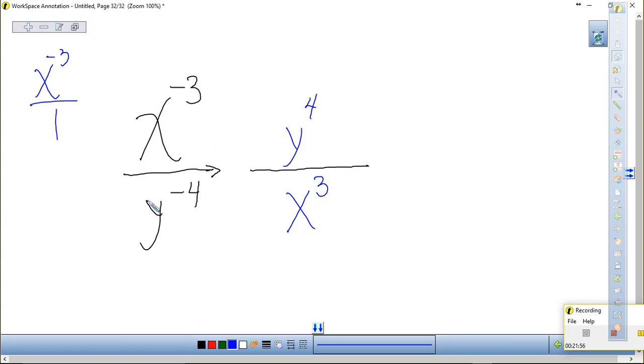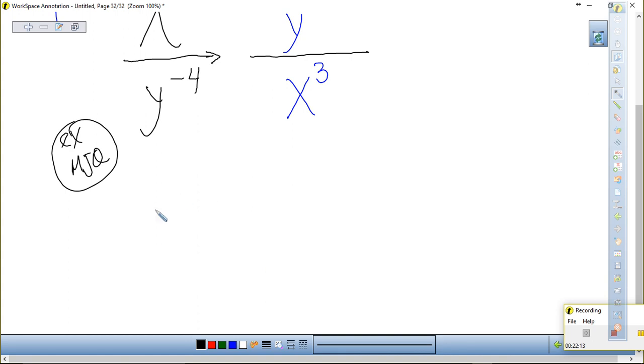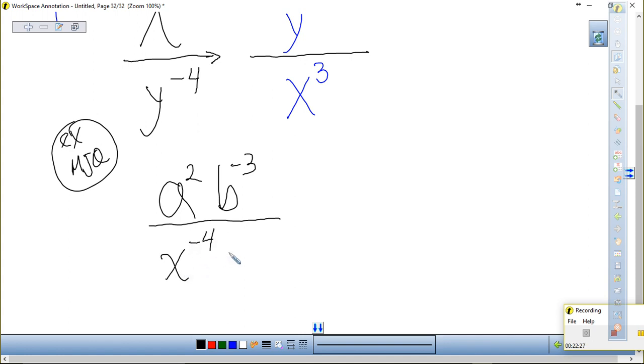Okay, let's do one. Example, Michael Jordan Q. Here we go. Let's start slow. Let's start with a to the second, b to the negative 3 over x to the negative 4, y to the, give me a number, 8. Okay, see what you will do in that situation.